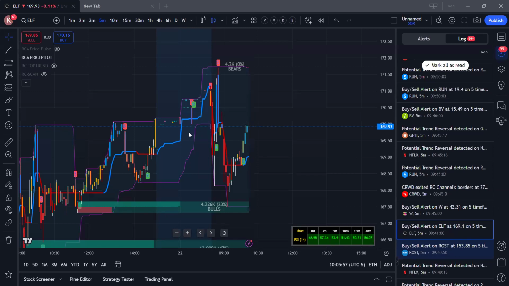The spread is a little wide for 170, but ELF 170 call for around 2.65 for August 23rd.